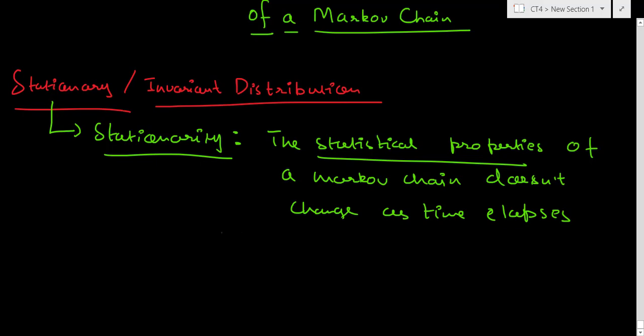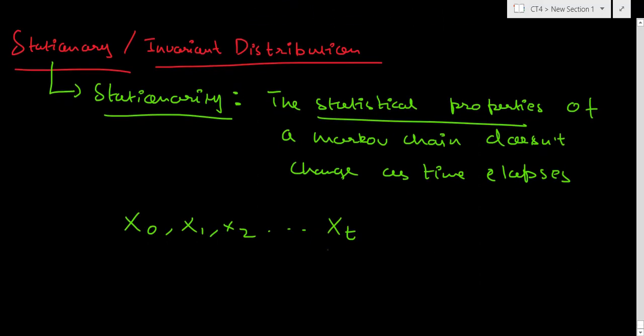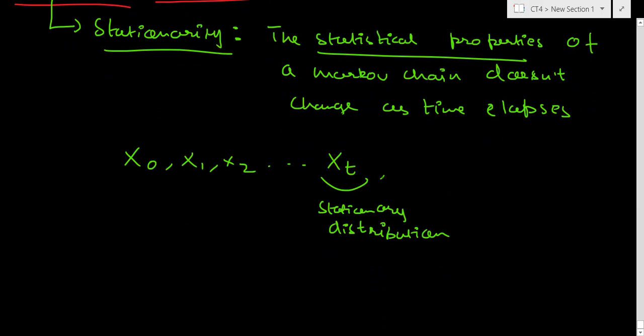That is what stationarity means, and a lot of Markov chains after a point of time attain their stationary distribution. If a Markov chain is going from x0, then it has x1, x2, and so on, and at time t, let's say it reaches its stationary distribution. After this time, the statistical properties, that is the mean, variance, skewness and everything, will remain the same for xt plus 1, xt plus 2, and so on.